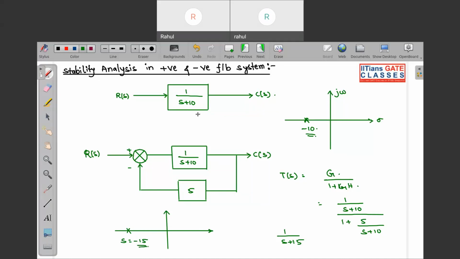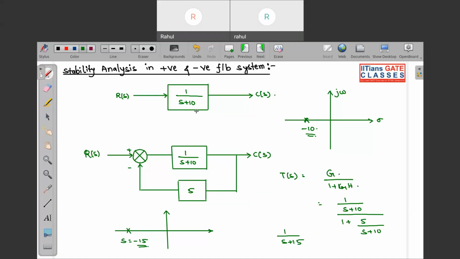Out of these two systems, which do you think will be more stable? The more stable system is the one whose pole lies farthest from the origin, that is, the system that has its pole farthest left in the S-plane.